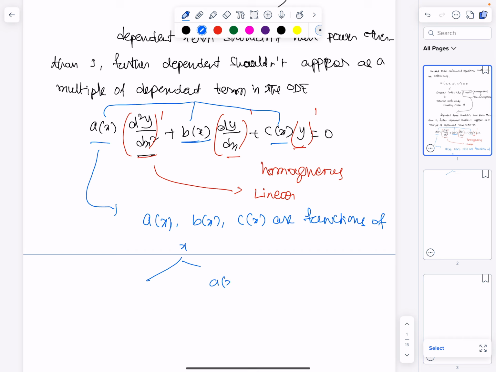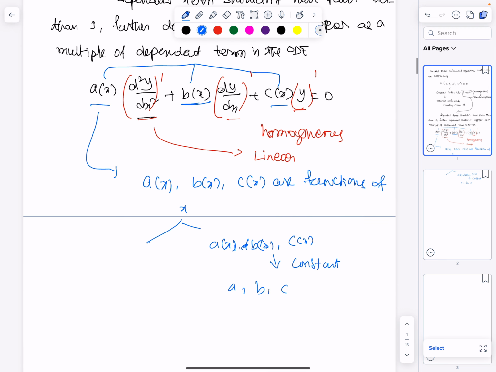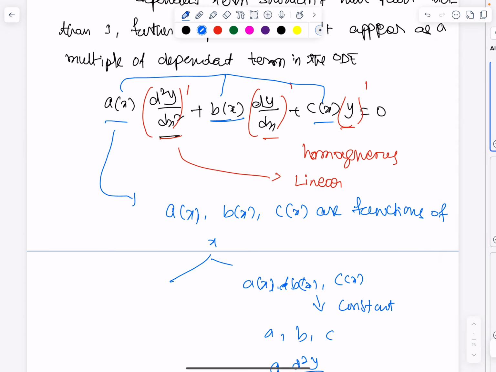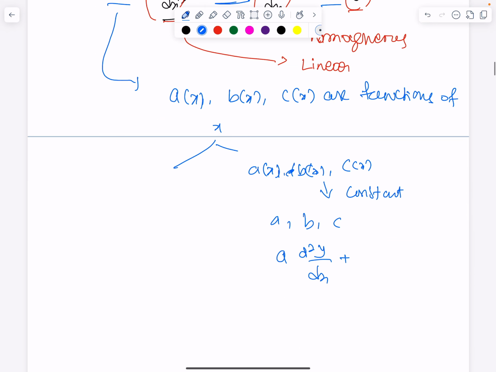If a of x, b of x and c of x are all constants, that is a of x is like a, b of x is like b, c of x is like c, then these are constants. Then the differential equation is a into d square y by dx square plus b into dy by dx plus c into y is equal to 0.